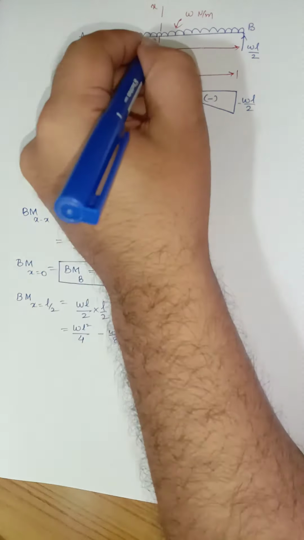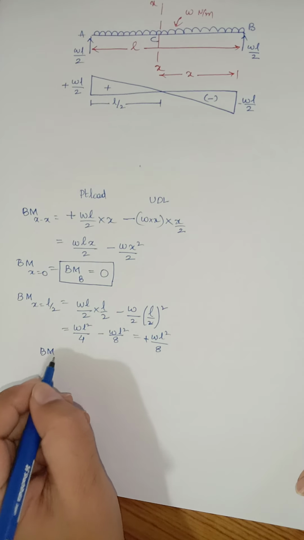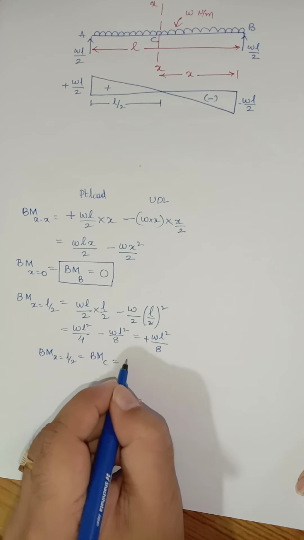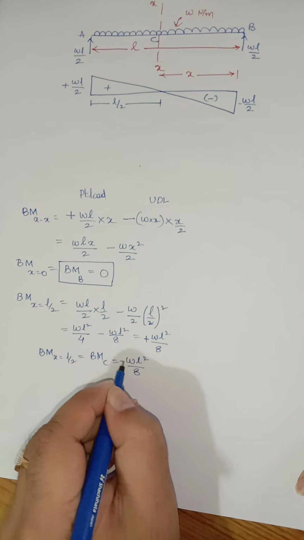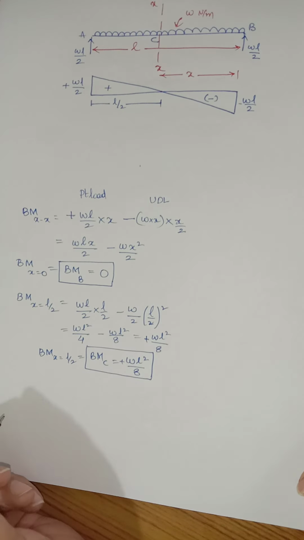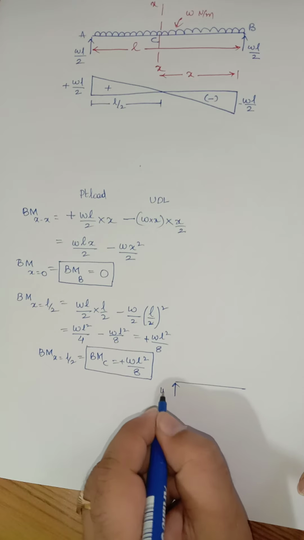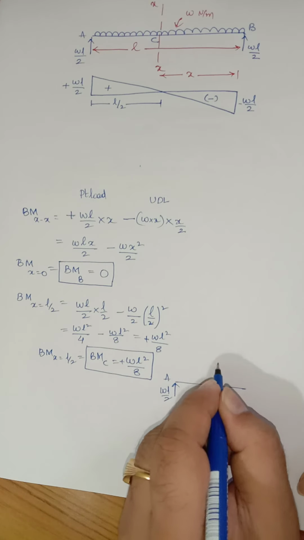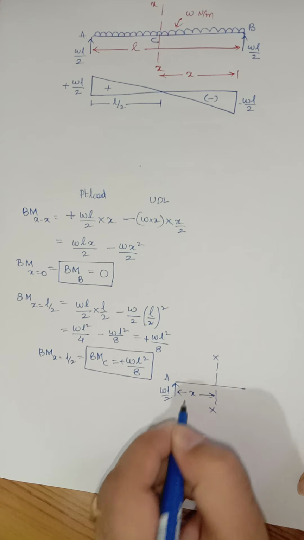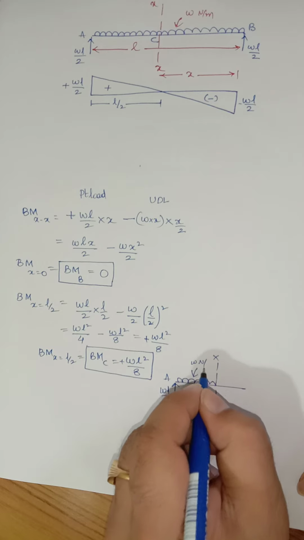Now if I take the center point of the beam as C, bending moment at a distance of x is equal to L by 2, or bending moment at point C, will be equal to WL square by 8, a positive value, exactly at a distance of L by 2, the mid portion. Same thing again, suppose I take this one as WL by 2 at point A and I am considering a section XX located at distance of x, with a UDL of W Newton per meter.